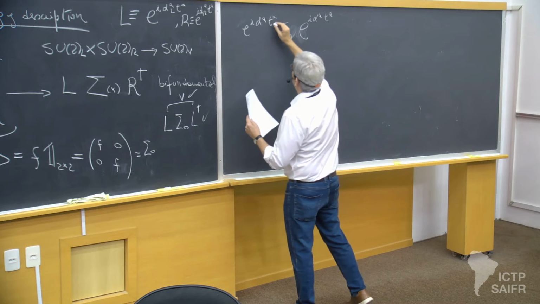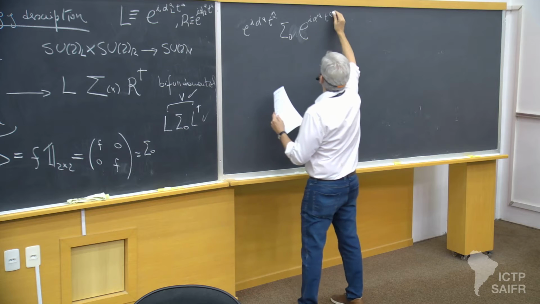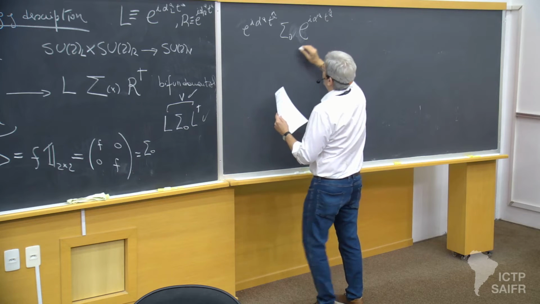So these are now the broken generators. So these are now the axial transformation.